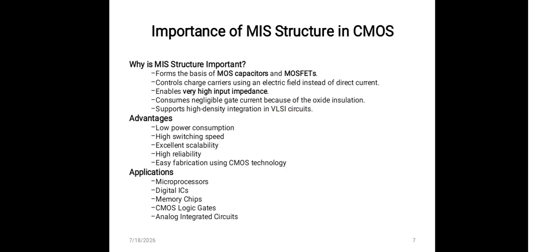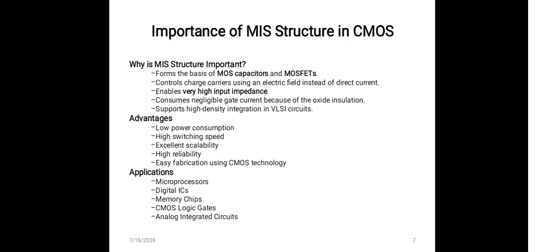Next we will go with the importance of this MIS structure in CMOS. Now let us understand why this MIS structure is so important. The MIS structure forms the basis of MOS capacitors and MOSFETs and controls charge using the electric field instead of direct current.